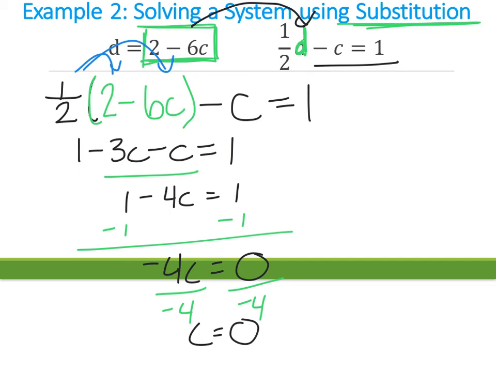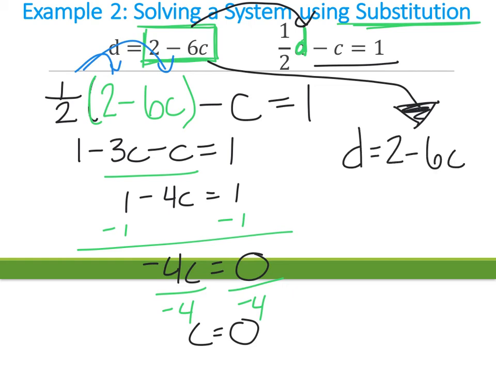Now I want to figure out what D is, because I don't know. I'm going to use this equation just because it looks easier. I like to use whatever equation looks the easiest. So D is equal to 2 minus 6C. Instead of writing C, we're going to write 0.